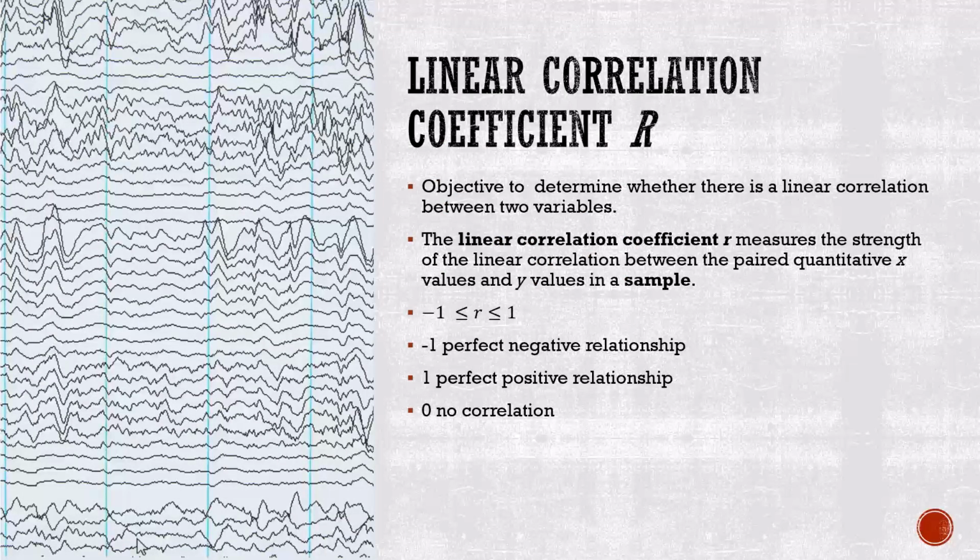Okay. That's weird. The size of R tells the strength. The sign of R says whether it's a negative or a positive trend.